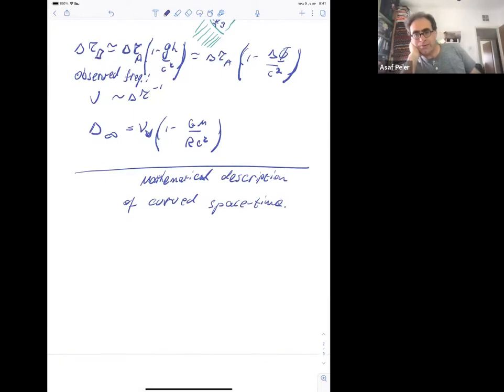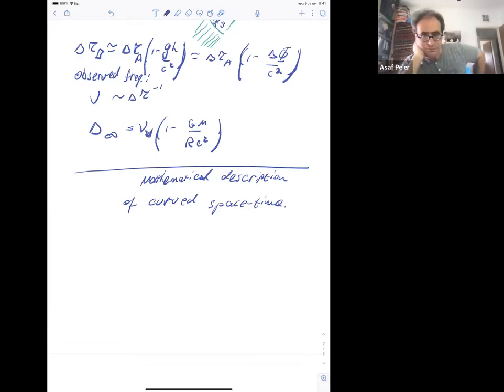So again, motivated by what we derived physically, we had two photons that were traveling through the same path in spacetime, but there was a time difference between the arrival and emission, which was not the same, and this suggests that the spacetime is not flat but curved.